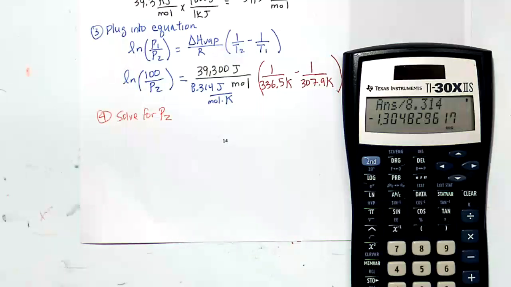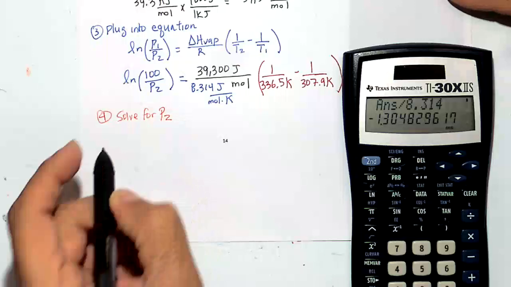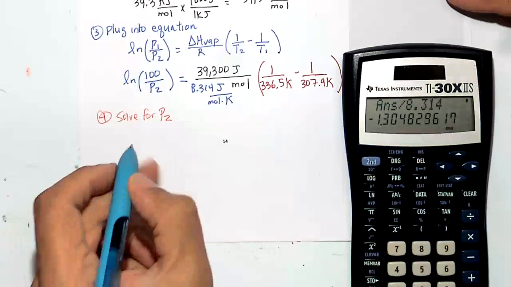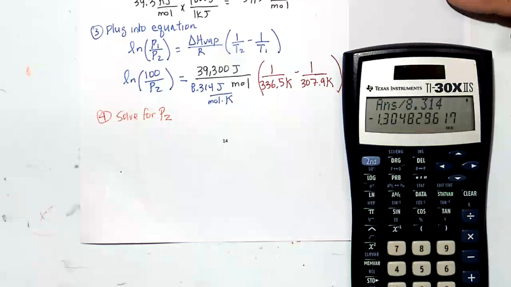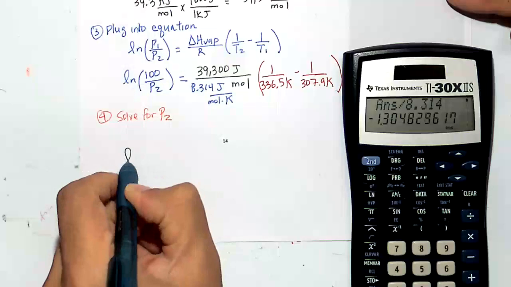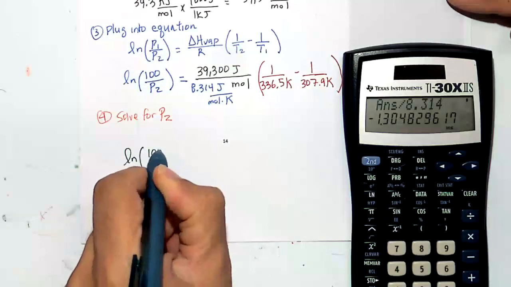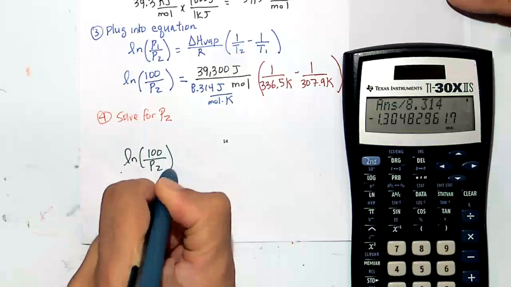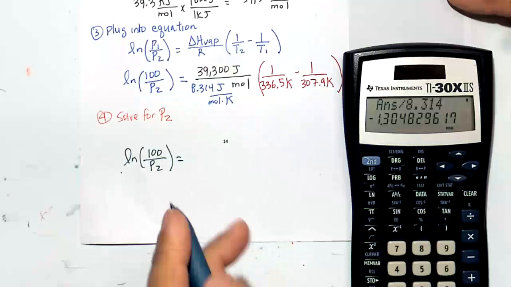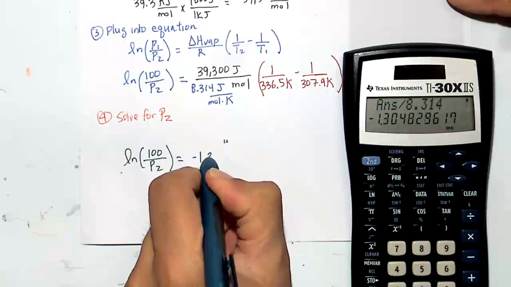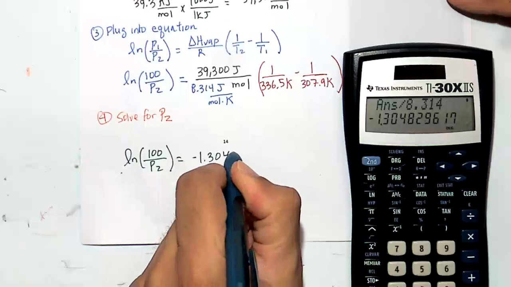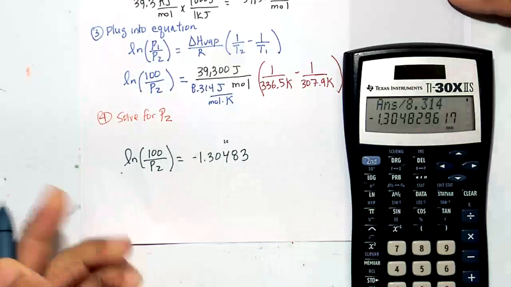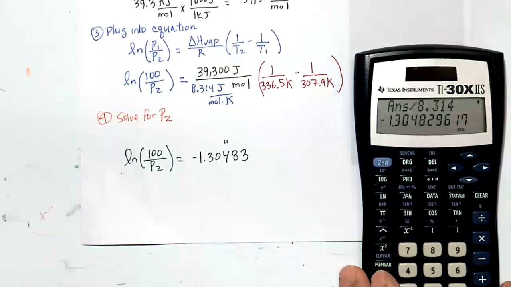So, natural log of 100 over P2 equals, with a little extra digits, 1.348.